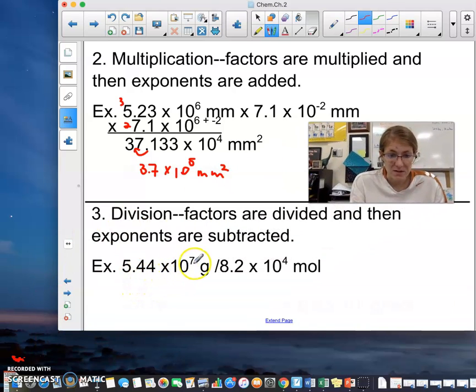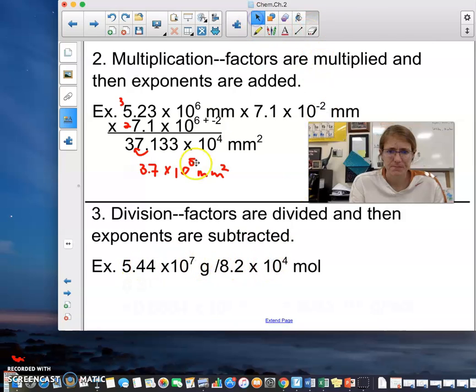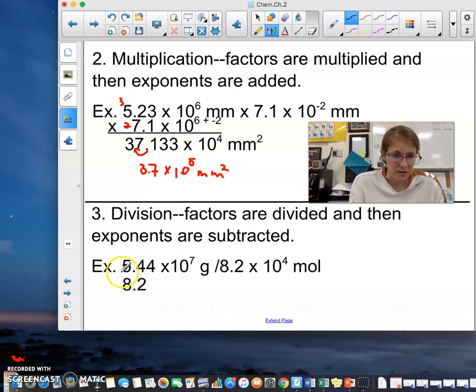5.44 times 10 to the 7 grams divided by 8.2 times 10 to the 4 moles. You'll divide the factors, so you'll divide the front numbers, and then you'll subtract the exponents. So 5.44 divided by 8.2, and then I'm going to subtract the exponents.